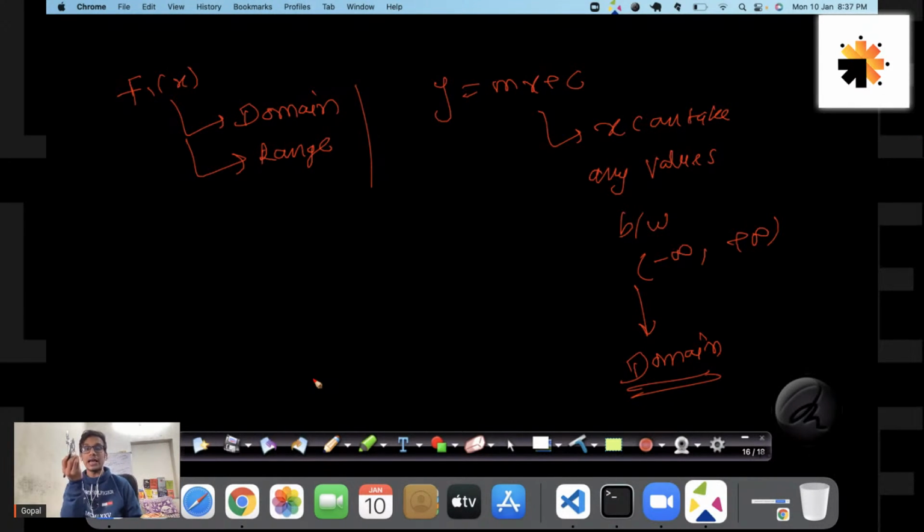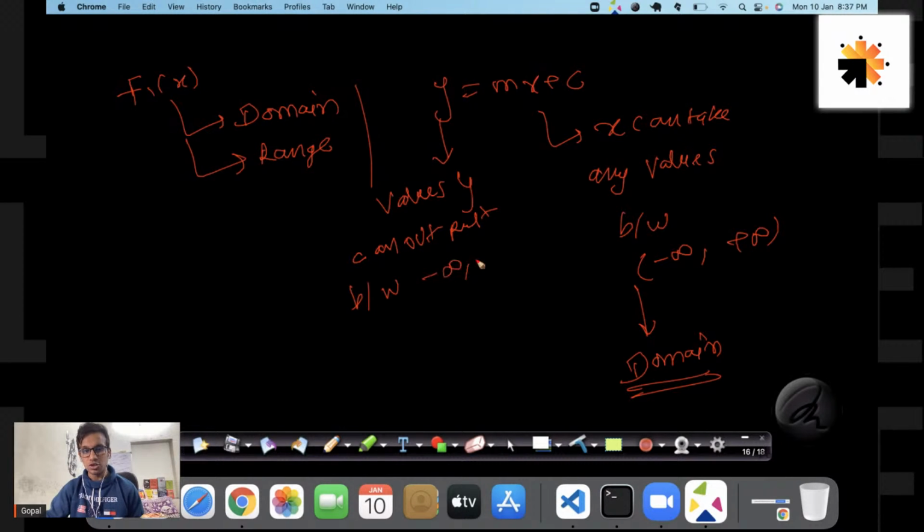What value y can take, what value y can output, is your range. The value y can output in this case is again between minus infinity to plus infinity. And minus infinity to plus infinity, we usually denote that as R, which basically means real values.